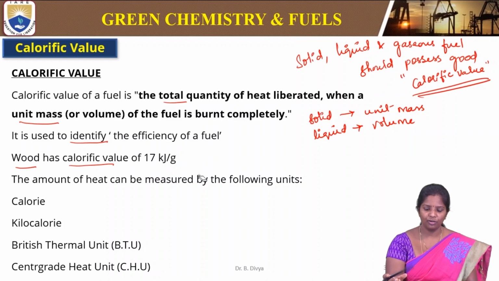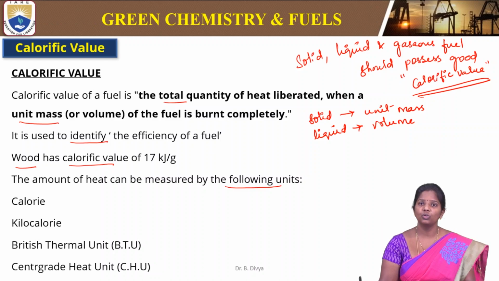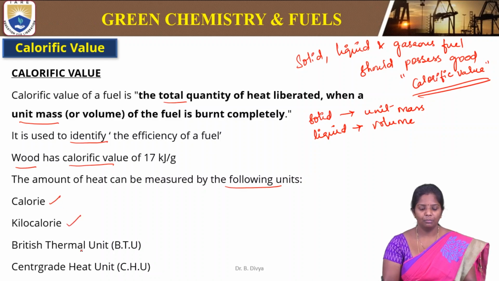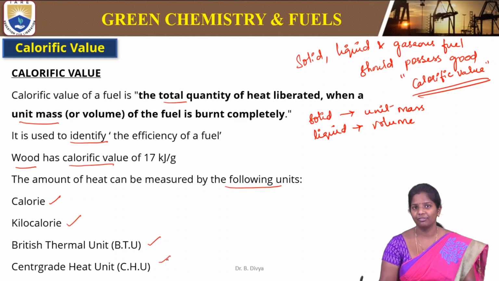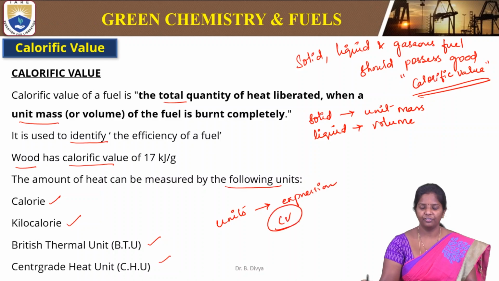The amount of heat can be measured by different units used to express the calorific value. What are they? Calorie, kilocalorie, British thermal unit, and centigrade heat unit. These are the different units used for expressing calorific value.